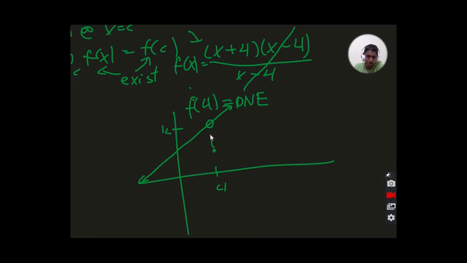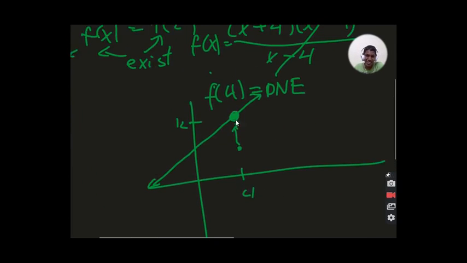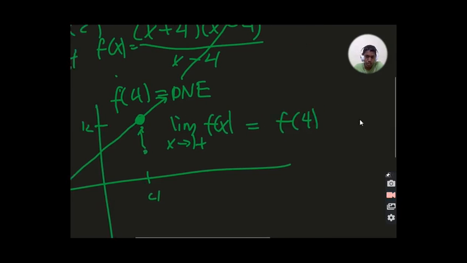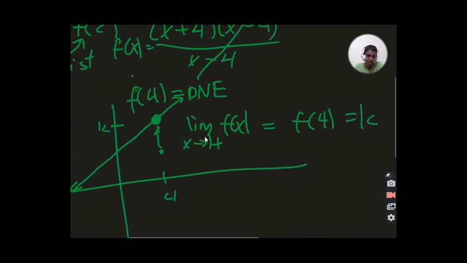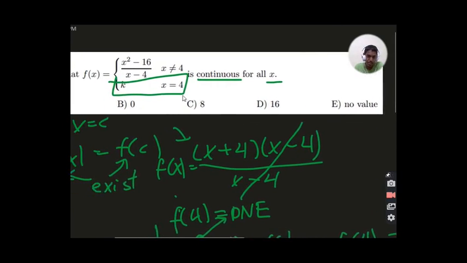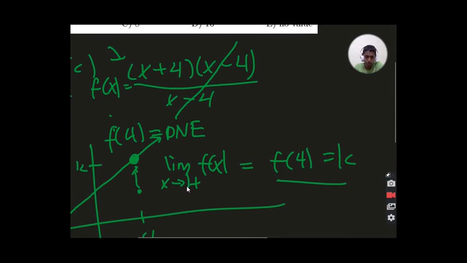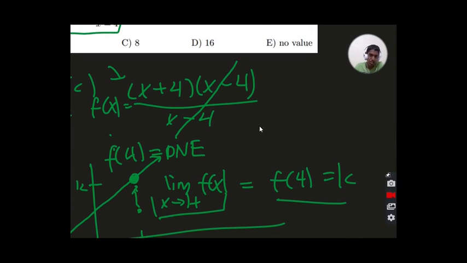Maybe just imagine raising the hole until you perfectly fit the hole, and you get to the right altitude where the limit as x approaches 4 of f of x equals f of 4, which has to equal k. f of 4 has to equal k because of the way that this function was defined. So I guess we should start by figuring out what the limit as x approaches 4 is, and we've already done the hard part.